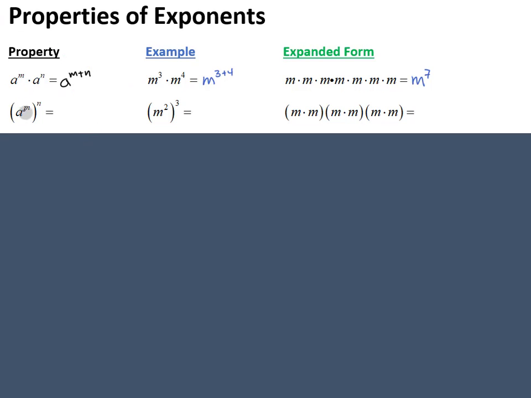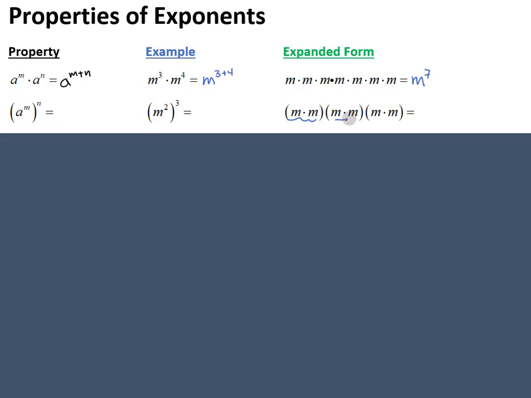Okay, for our second property, if I'm raising something with a power to another power, like m squared raised to the third power. Remember, this means whatever's in the parentheses times itself 3 times. And m squared means m times m.